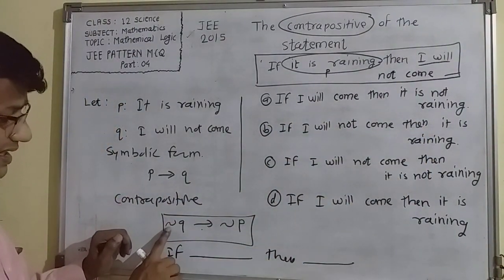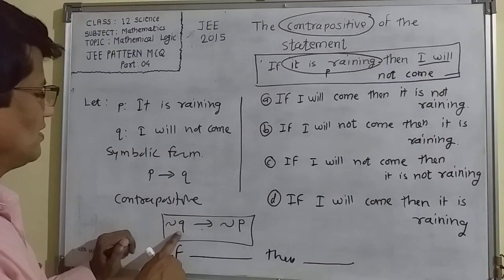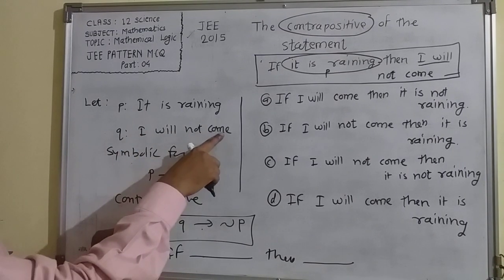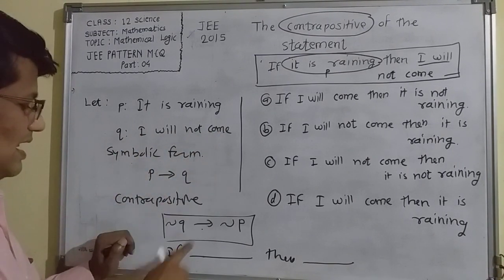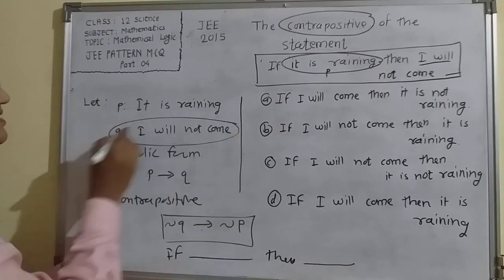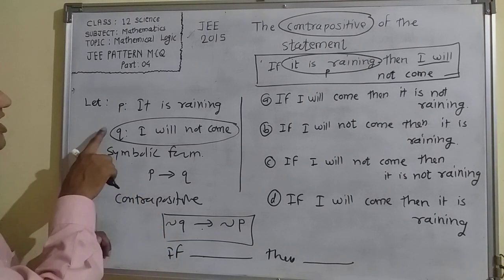Okay, here negation of Q. What is our Q? Here, I will not come, and we have to find its negation. This whole statement is Q and we have to write the negation of this. What will be the negation of this?